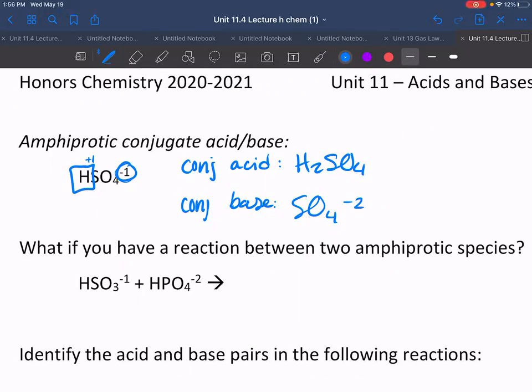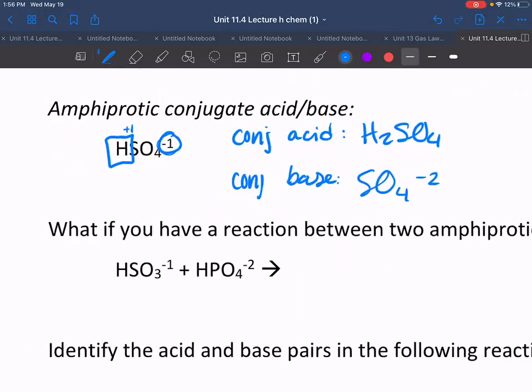Okay, so what if both of these things can act as an acid or a base? What you're gonna have to do is compare their relative strengths. You guys remember what our measure of acidic strength? Not quite, we use a constant that helps. Ka, exactly.